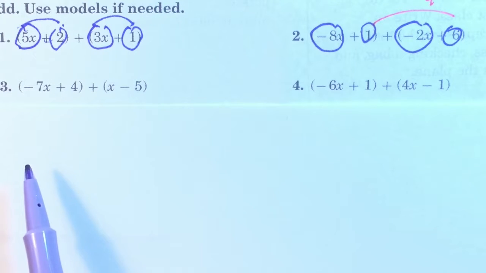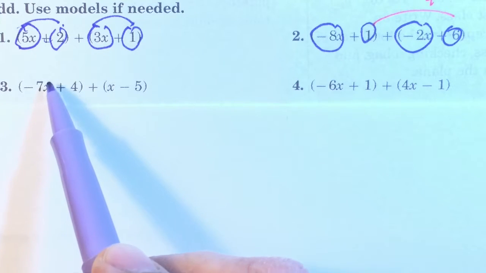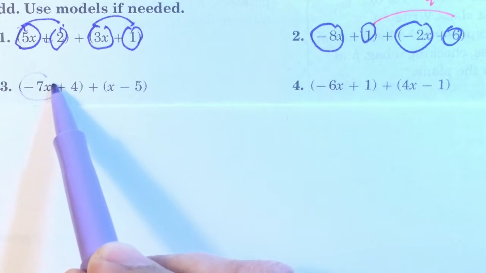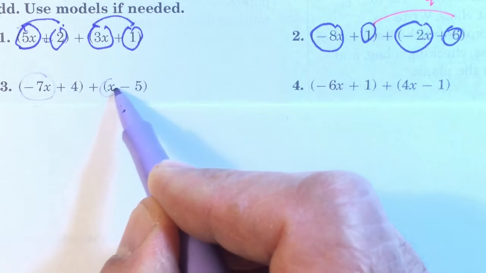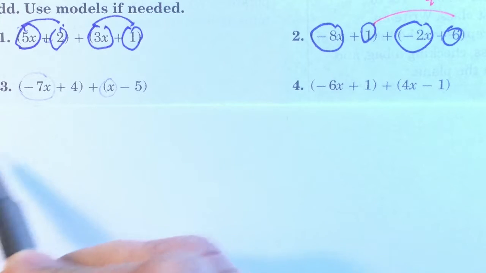And number 3, let's first identify the like terms, meaning the terms that have the same letters, negative 7x and x. Let's add them up. Negative 7x plus x.